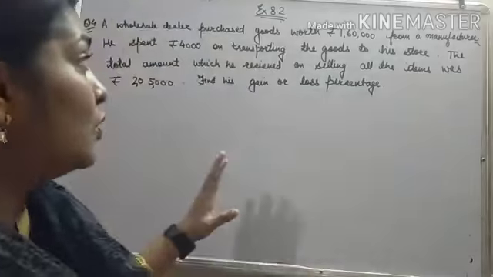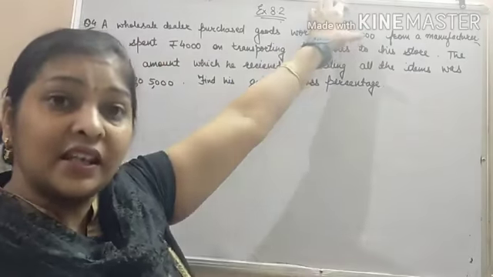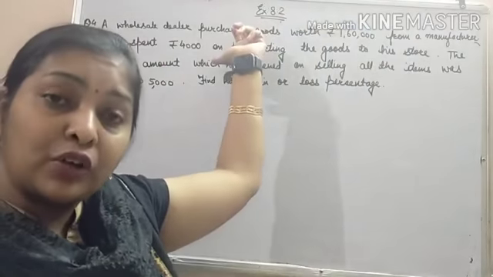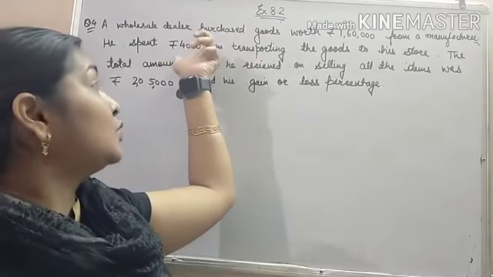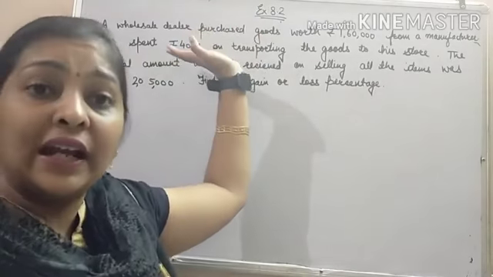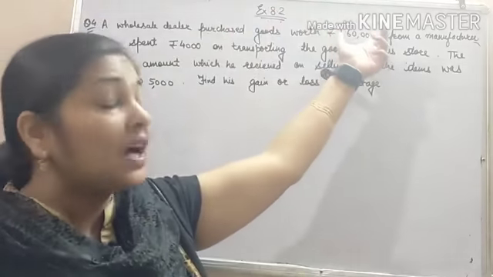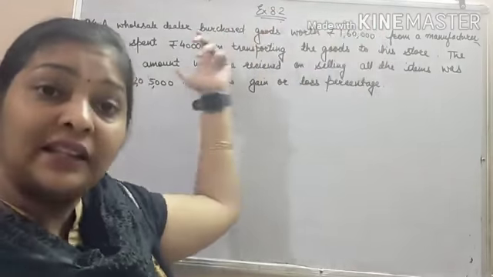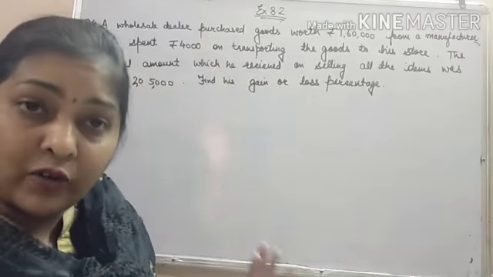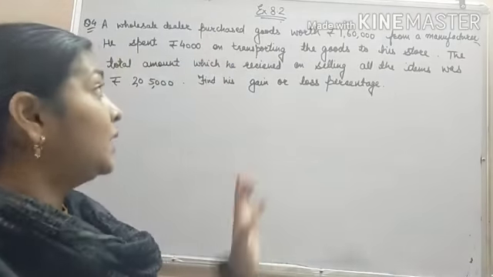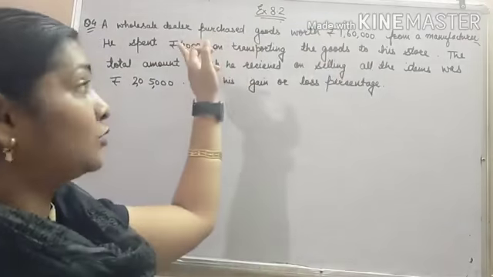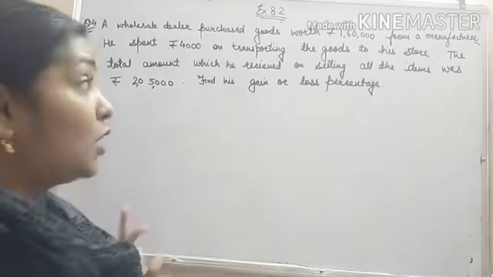It will be 1,60,000 plus 4,000, because that 4,000 he has to pay from his pocket. If he need not purchase this, there was no need to spend this 4,000. So these 4,000 are the overhead expenses. This was the original CP and this 4,000 was overhead expenses. So new CP will be 1,60,000 plus 4,000.